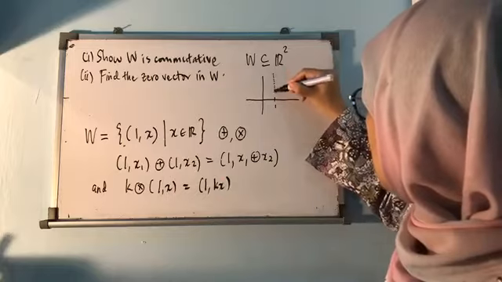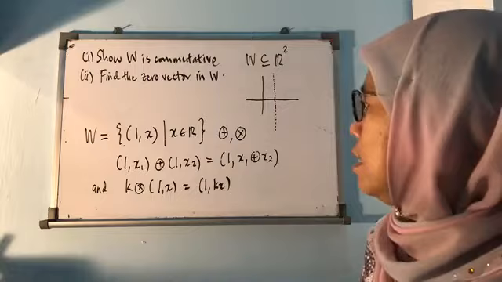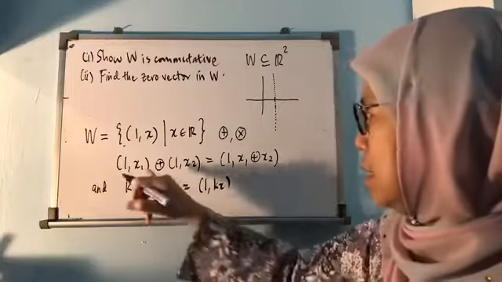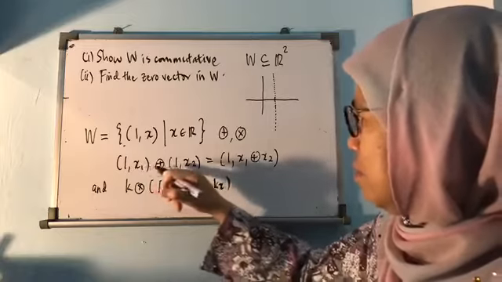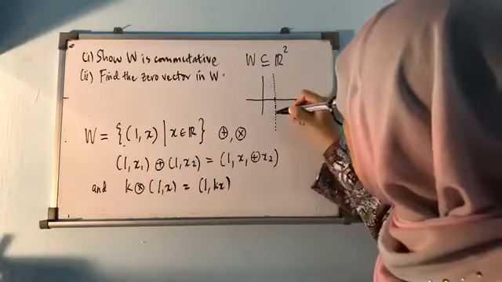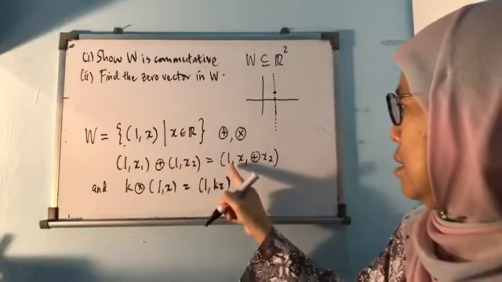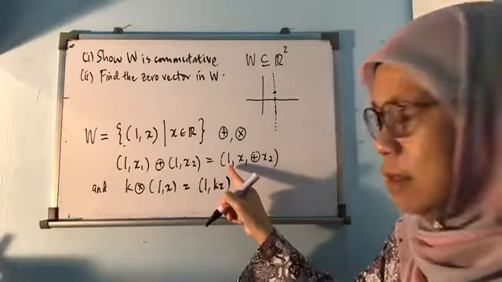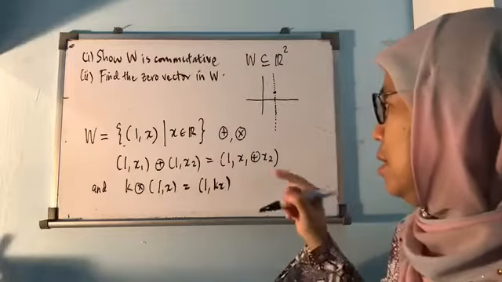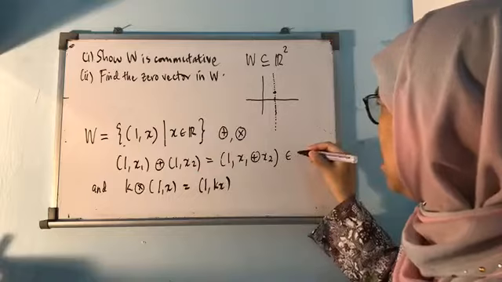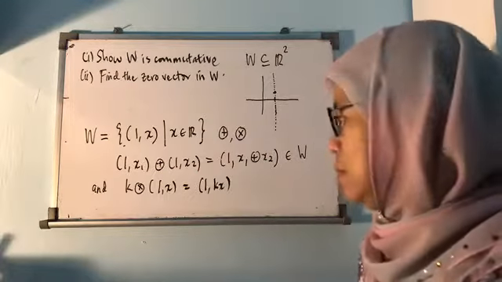So these are all the points. But the addition is something different. When you add 2 points here, it stays on the line, but then you add the y component. So this means this is closed, because you want it to be a vector space.